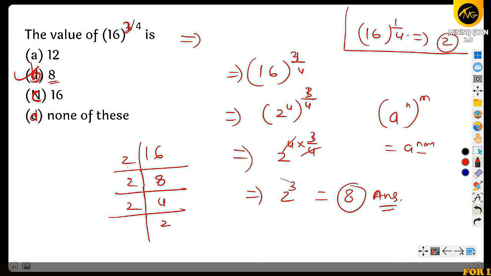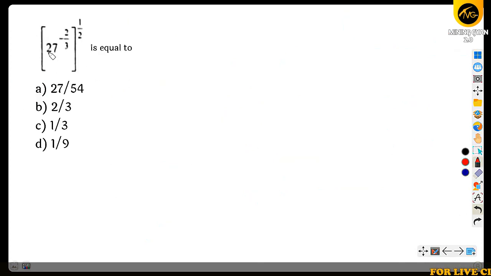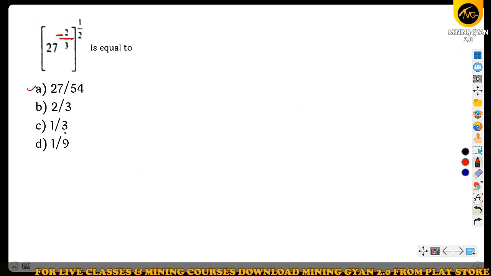Now the second one is this question: 27 power minus 2 divided by 3 and whole power 1 divided by 2. This is minus 2 divided by 3. Options are A 27 divided by 54, B 2 divided by 3, C 1 divided by 3, D 1 divided by 9.